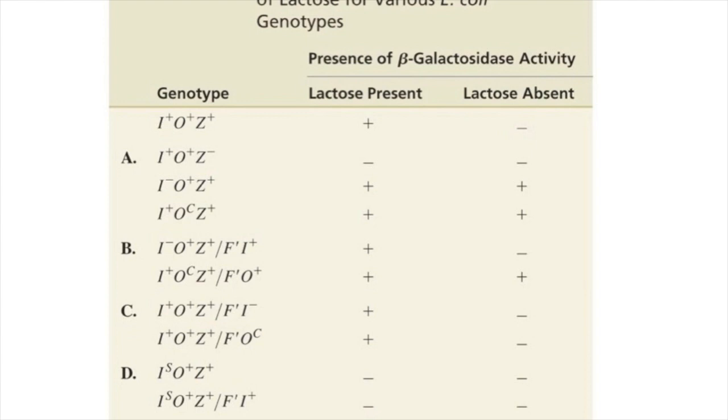Now, it probably won't surprise you to understand that this, what probably seems like a very complex system of regulation, even though it's a very simple bacterial mechanism, is not the complete story.